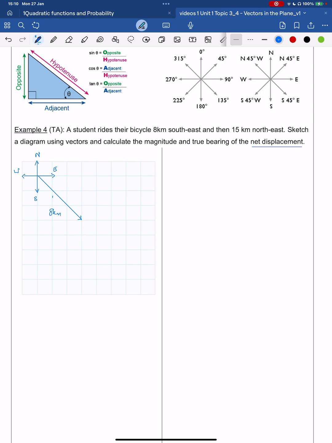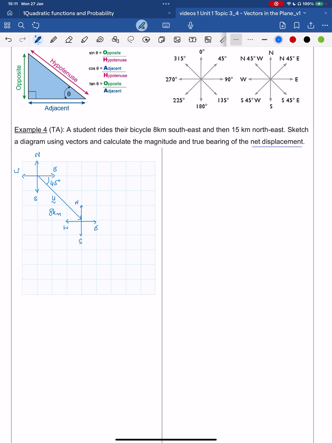And we can maybe call that U. Now I know that that angle there is 45 degrees. Southeast, it's exactly 45 degrees. All right, now he changes direction. So we're going to put in another compass point over here, which is again a north, south, east, and west.